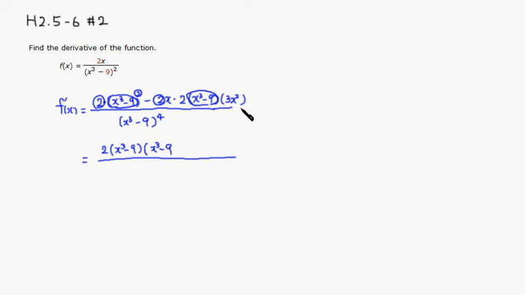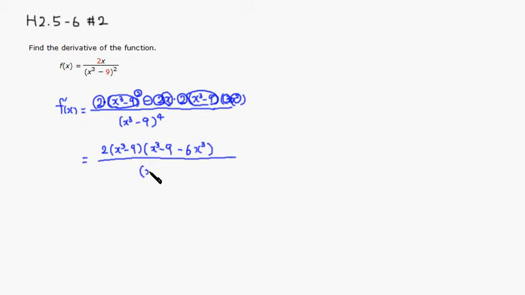Then here, don't forget the negative sign, so it's going to be negative, and it's 2 times 3, so that's going to give you 6. Then you have x times x squared, so that would be x cubed. So I took care of all the terms on top.